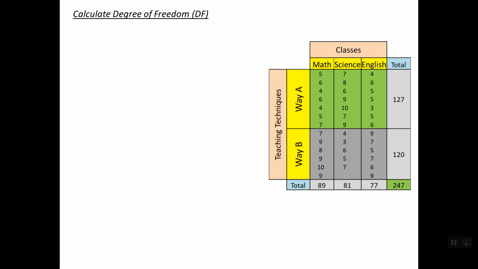Let's start the calculation by hand. First of all, we can simply calculate the degrees of freedom. For the first factor, which is the ways of teaching, we have 2 teaching ways.